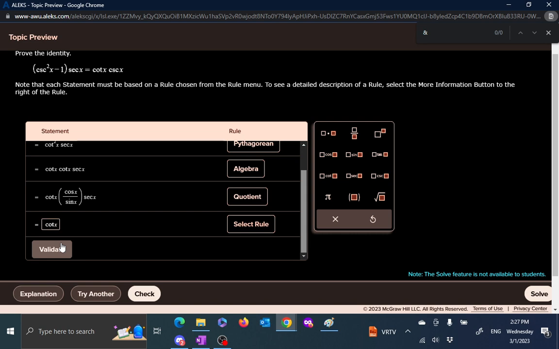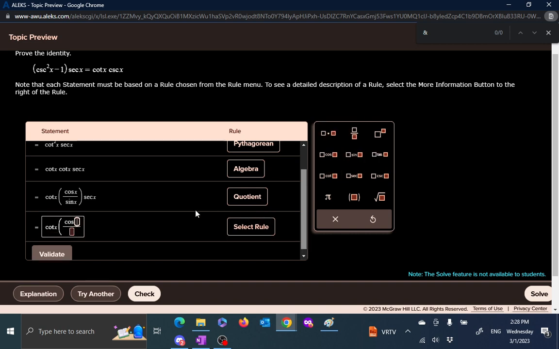Next, I write cotangent of x, then parentheses, I have a fraction cosine of x over sine of x, and then now instead of secant, secant is the same as 1 over cosine. So I write another parentheses, 1 over cosine.